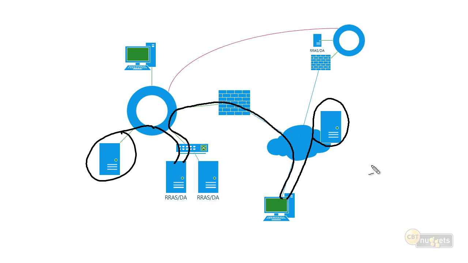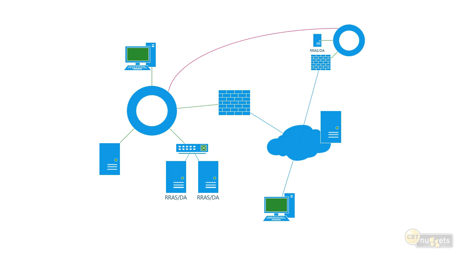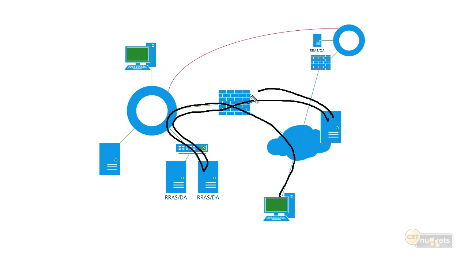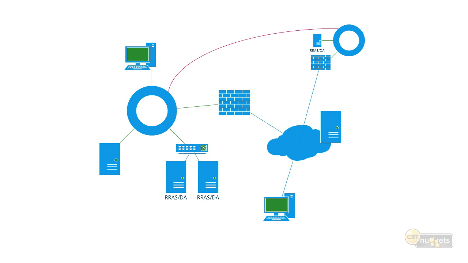Now, the theory behind this design is it's just better performance, right? You don't necessarily, from a performance perspective, want your clients coming into your network and then back out your network to get to a resource and then have the reply coming back through your network and back out to the client. From a performance perspective, it's as ugly as this diagram. Looks like spaghetti. It's a lot of wasted back and forth. So by default, DirectAccess won't do that.